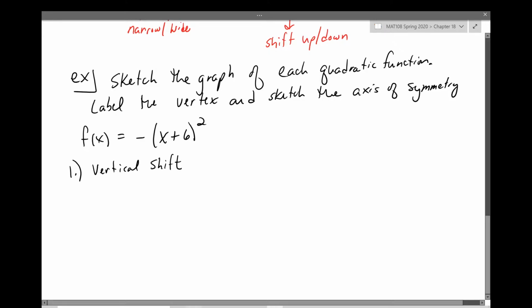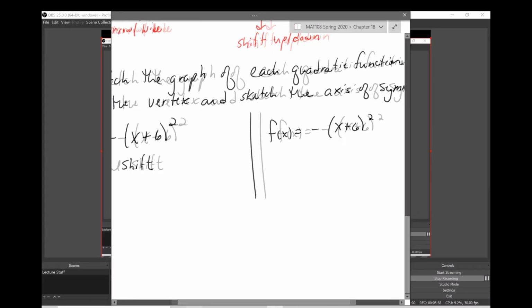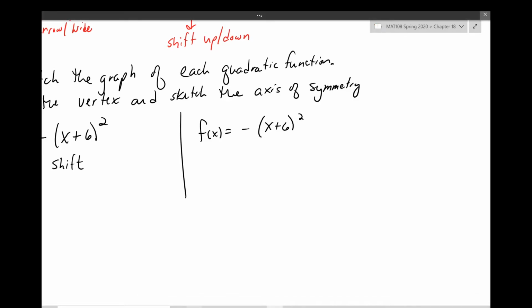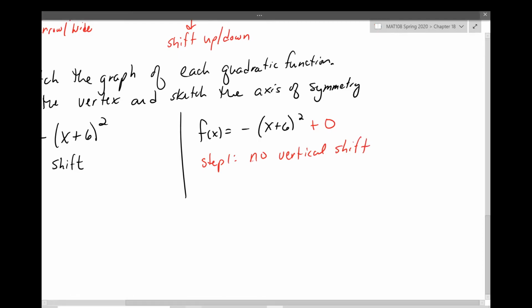Now, notice with our problem, I'm going to rewrite it off to the right-hand side here, because I'm going to write some stuff in. Notice, for step 1, I have that plus 0. In other words, no vertical shift.